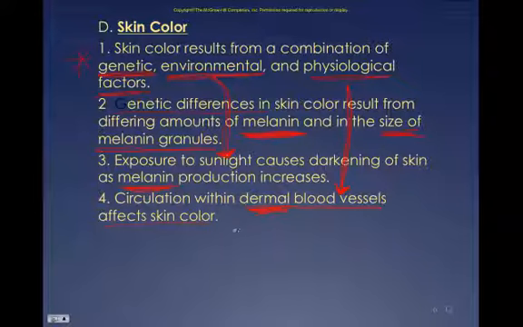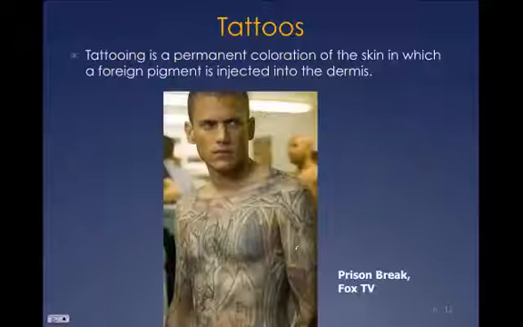If you're really hot, then your blood vessels are actually going to dilate in that area. Even your capillaries, which are the small blood vessels within your skin tissue, your dermal tissue, are going to dilate, and it's going to give you a more red or pink appearance. So again, this is the physiological factor. Circulation within those dermal blood vessels will affect your skin color as well.